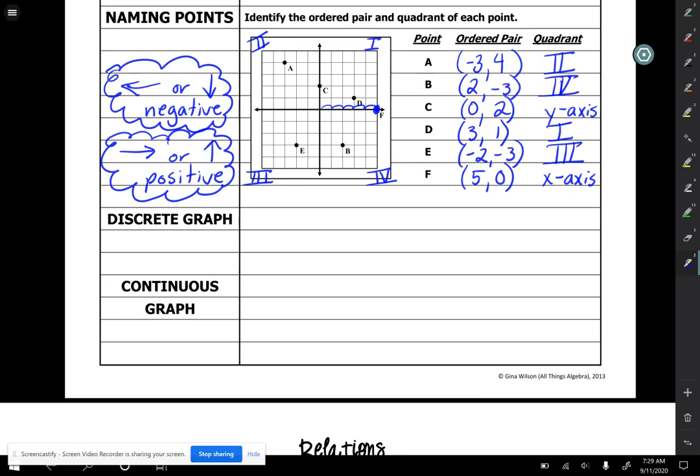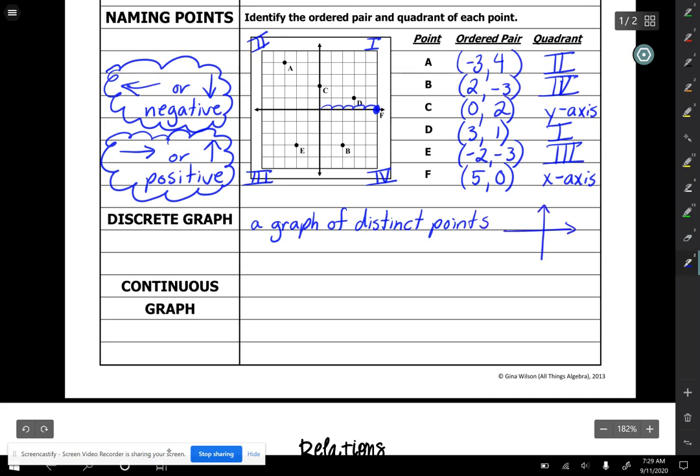The next few are just definitions. For the discrete graph, this just means it's a graph of distinct points. Okay, and it could look like this. So here's my graph, and then I might have just distinct points. It's not necessarily a line.